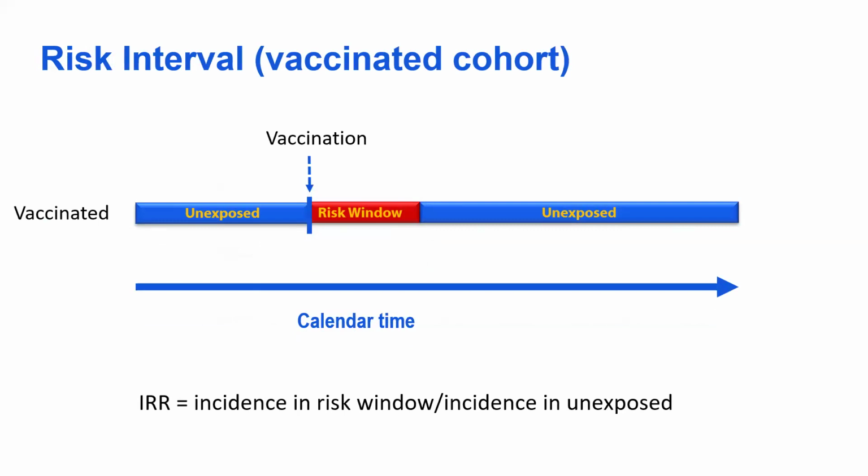So there are few unvaccinated controls available, and the unvaccinated may be inherently different than the vaccinated by unmeasured confounding variables. Or the vaccines may be indicated for high-risk individuals, like COVID was for a while, which can lead to bias if the vaccinated are compared to the unvaccinated.